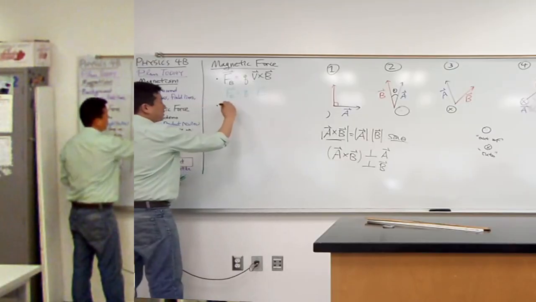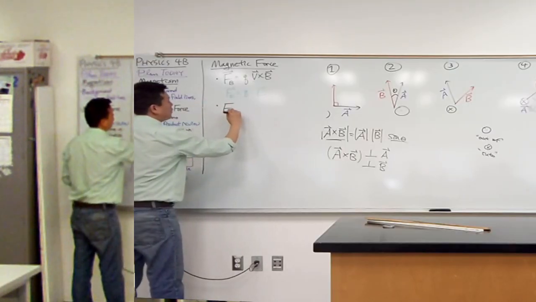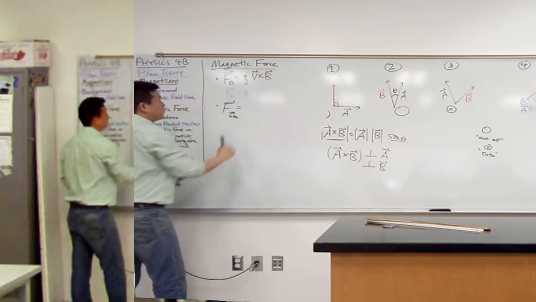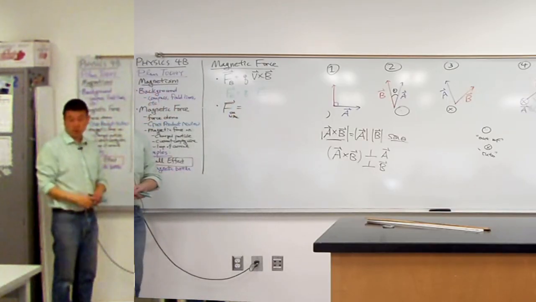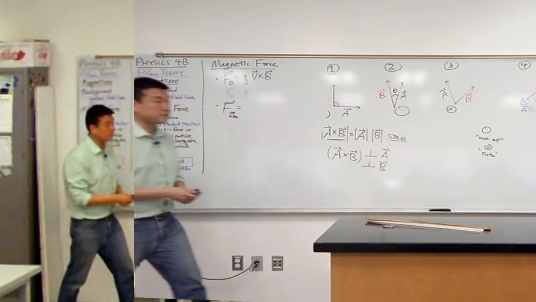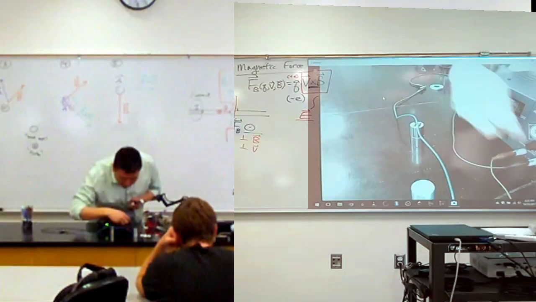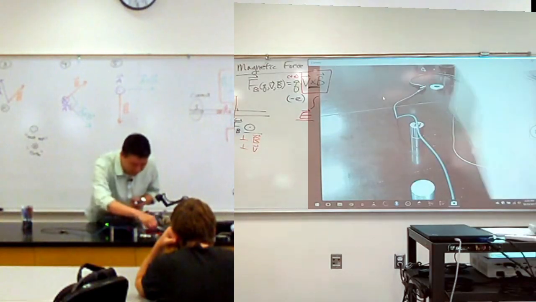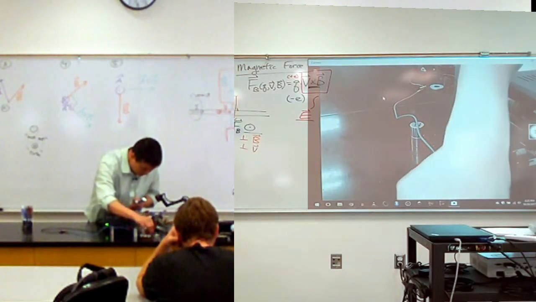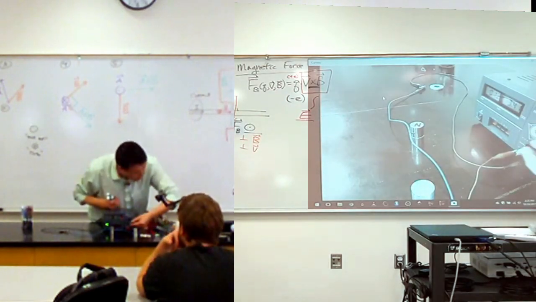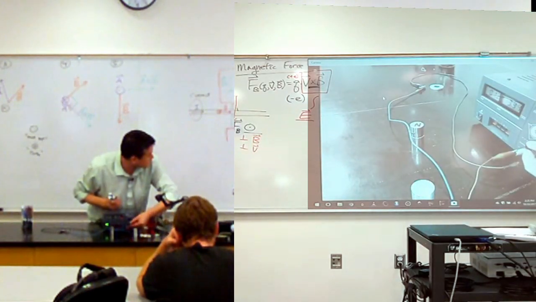So the magnetic force on a current carrying wire is going to be proportional to how much current is flowing. That's why here, if I change this setup, let me turn down this knob so that it doesn't let as much current flow.